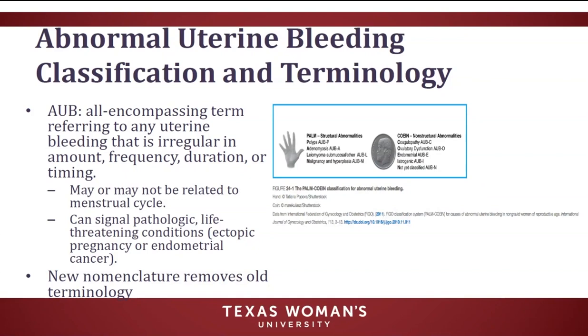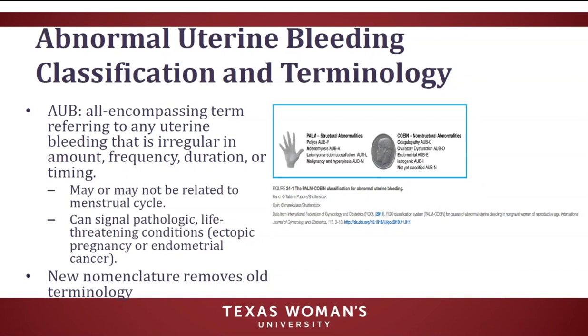And then the COEIN side of that is a non-structural abnormality. If you think of a coin as not being a structure of the body, that may help you remember that. These are all other disorders that are not related to anatomy.